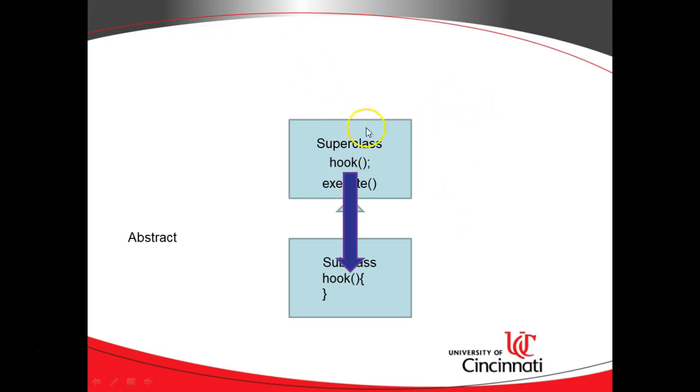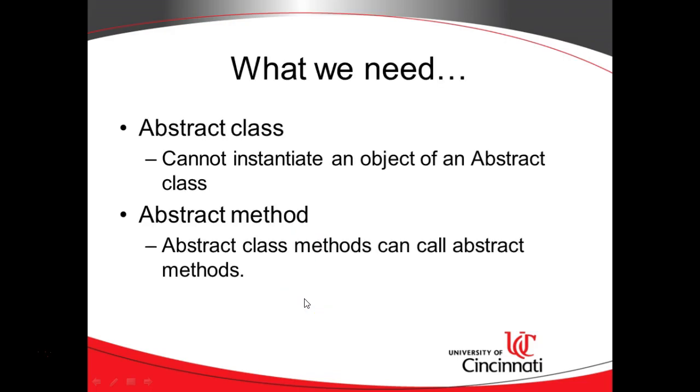Once you declare a class abstract, you cannot create an object out of it. You can only create an object out of its subclasses. That's a bit tricky, but it essentially means that you can only have an object of this type, not of this type. Therefore, there's always going to be an implementation of this hook method.